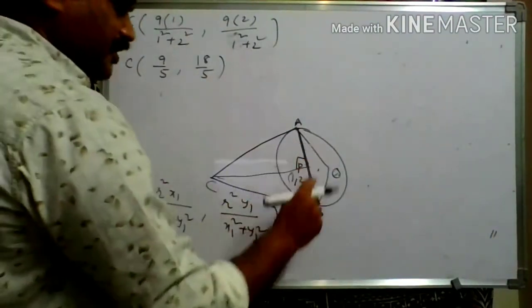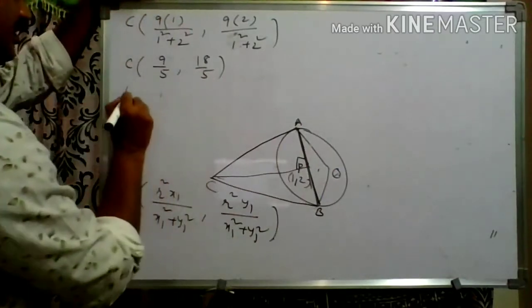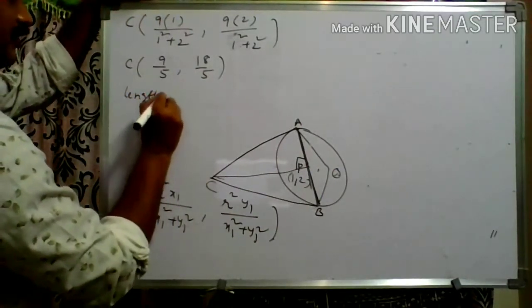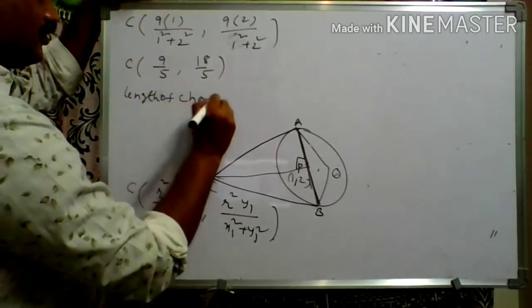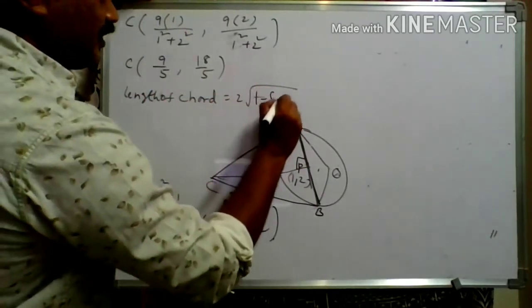Next, AB is the length of the chord. The length of the chord with a given midpoint is given by the formula 2 root of minus S11.